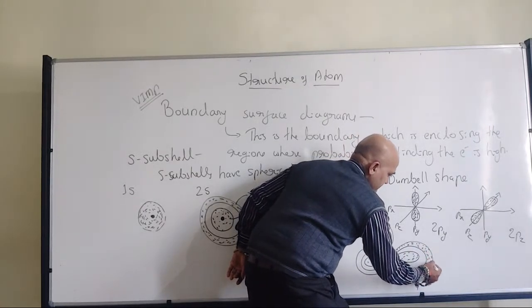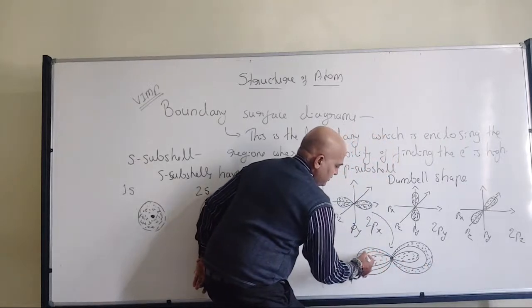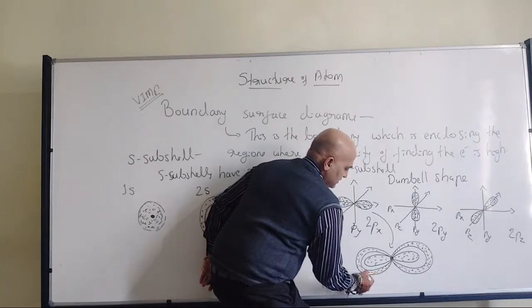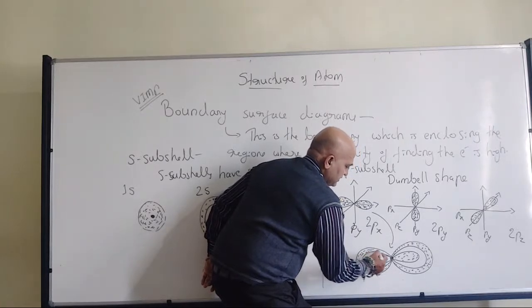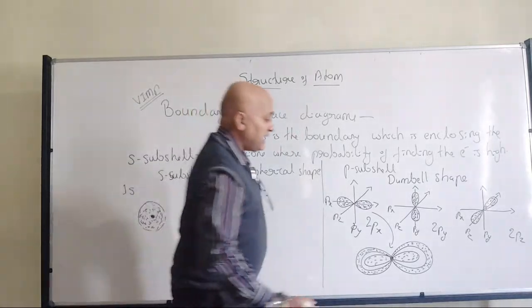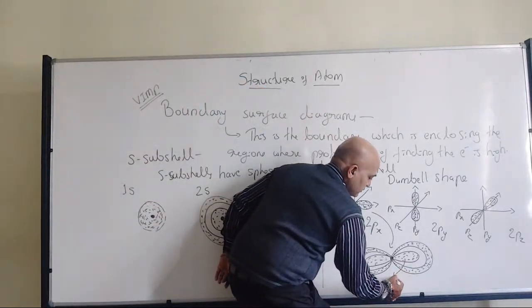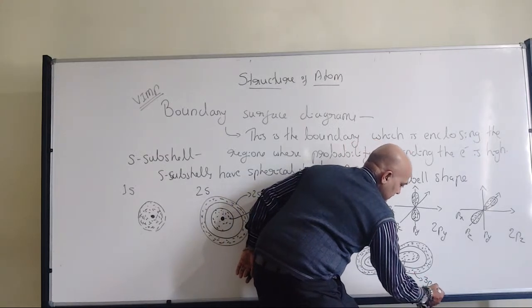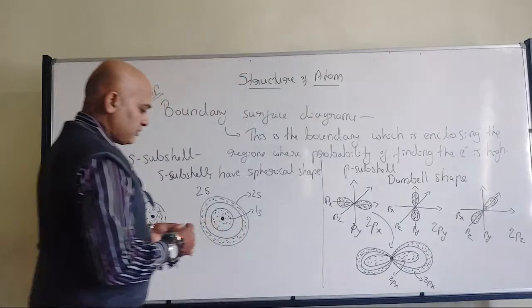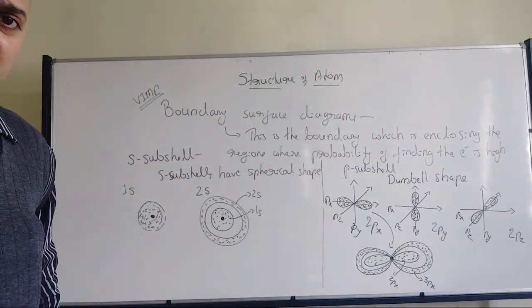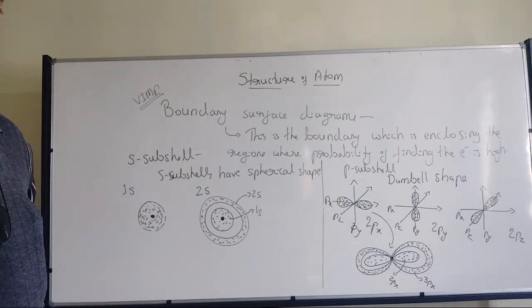Dotted line. Here also dots. I have to shade it to show that these are the regions where we can find the electrons. So that's where I have the 2px, and that's where I have the 3px.